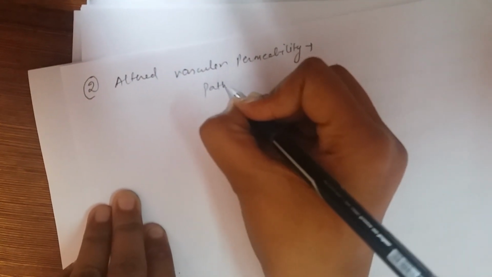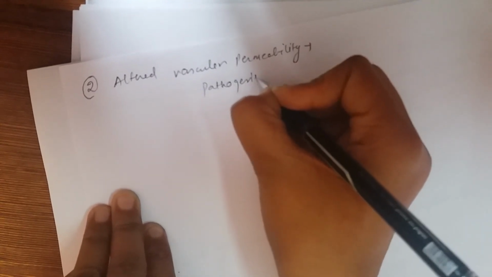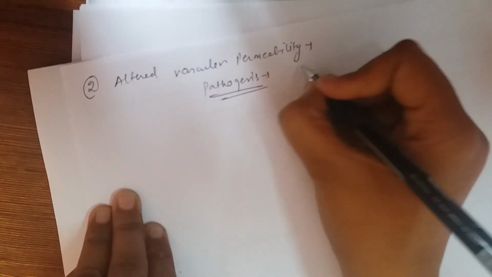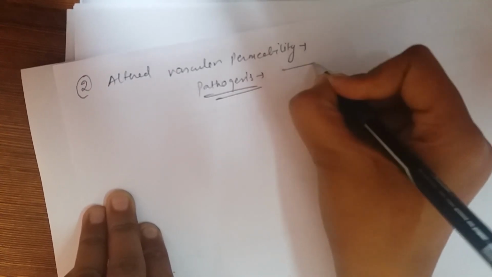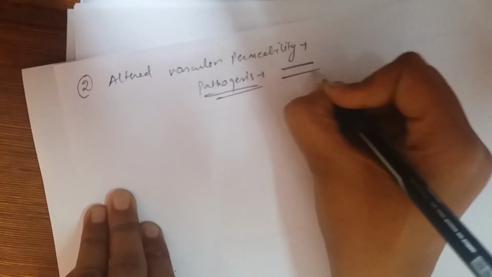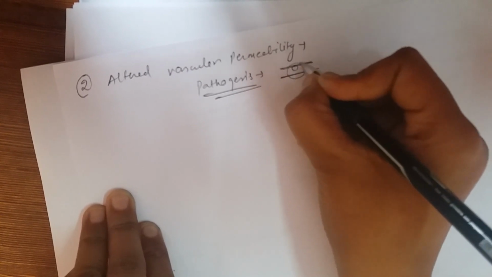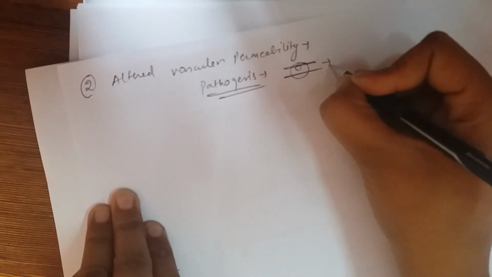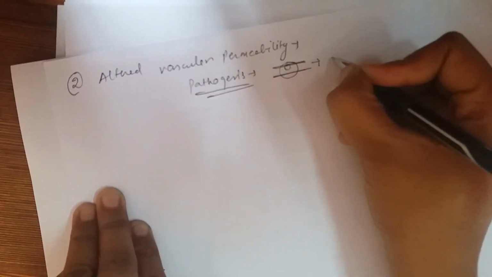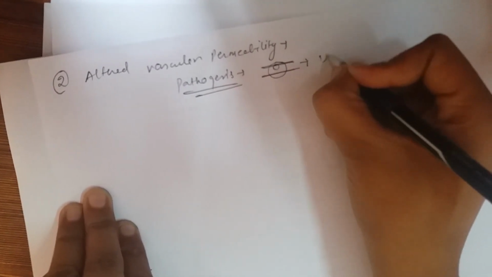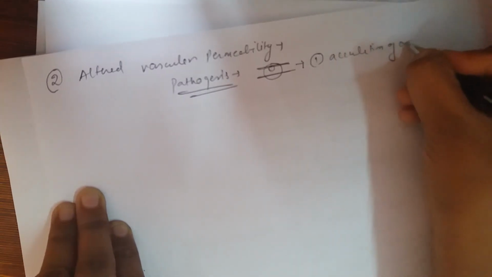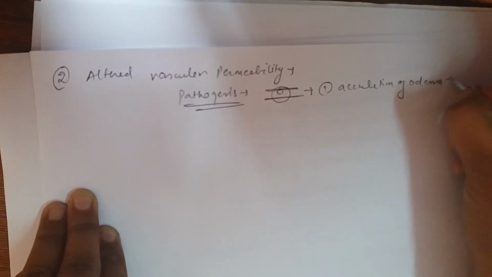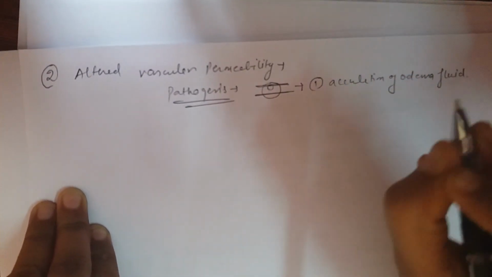The pathogenesis of the increased vascular permeability is that around the inflammatory tissue, suppose inflammation occurs in this area, there is an accumulation of edema fluid.